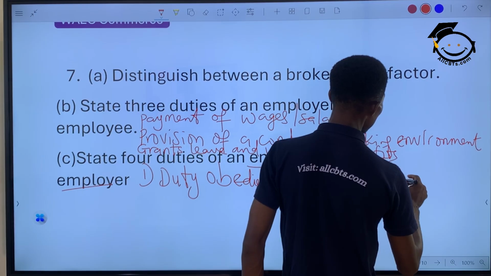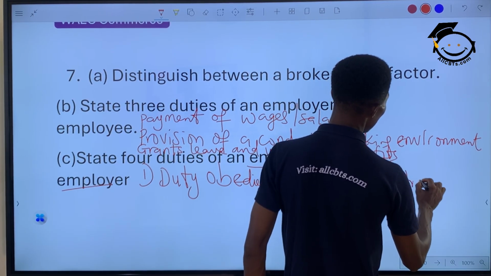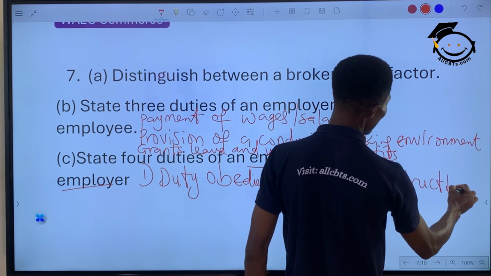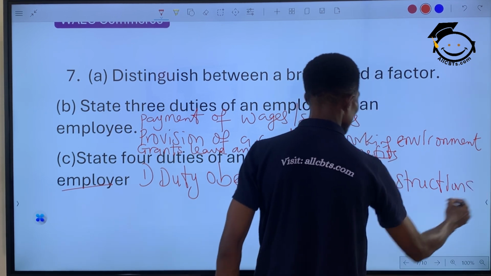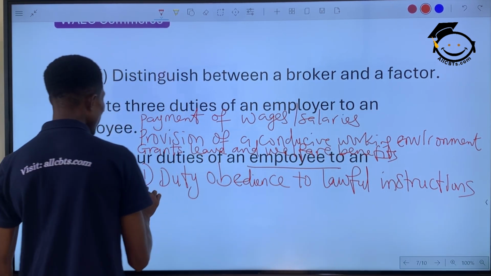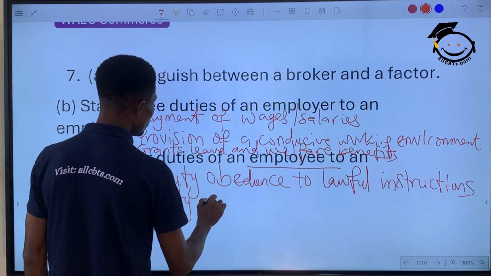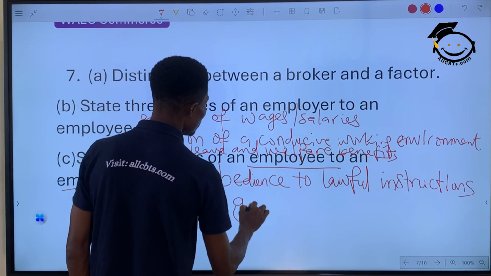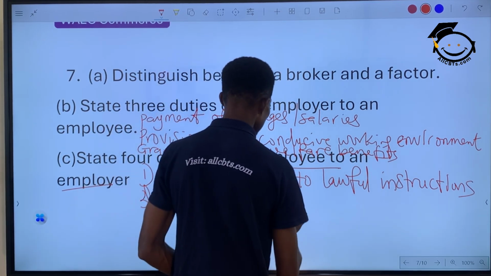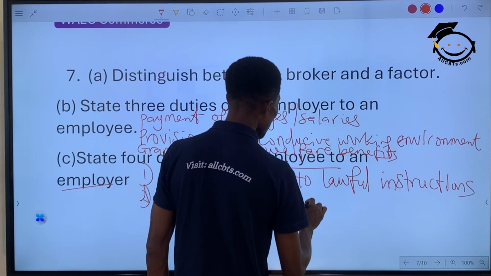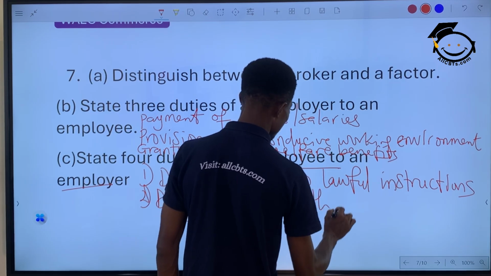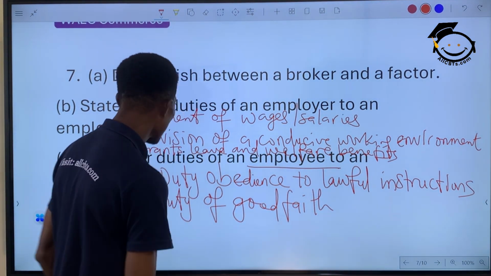So an employee must obey the instruction of the employer that is under the law. Second duty is what we call duty of good faith. This means the employee must be honest to the employer.